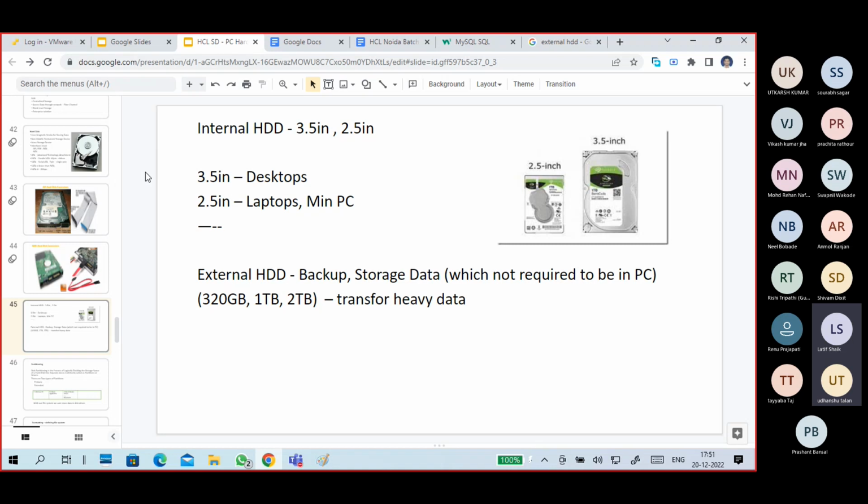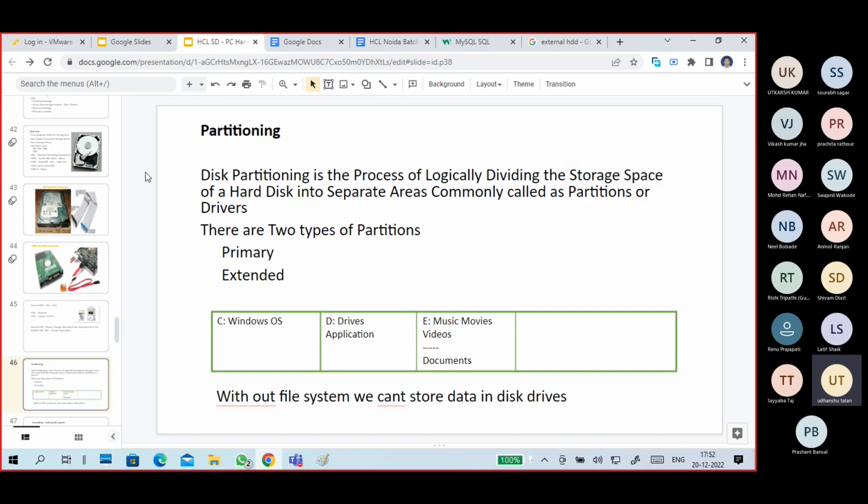For example, I have 10 GB of data and I want to give it to someone. I copy it into an external hard disk, connect it to his system, and copy and paste it into his system. So it is used to transfer heavy data, to store data you don't require on your PC, or to store your backup files.